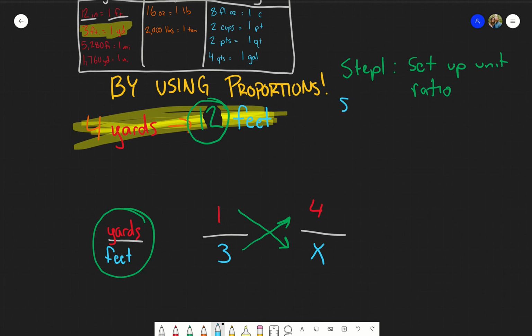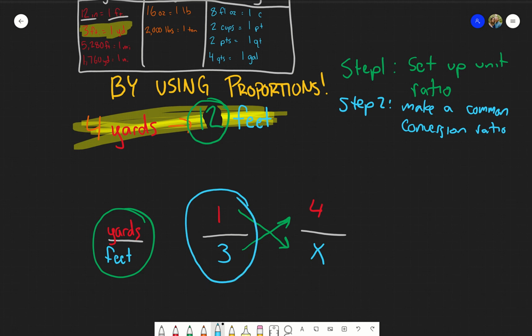Step 2, make a common conversion ratio. The common conversion is 1 yard equals 3 feet.